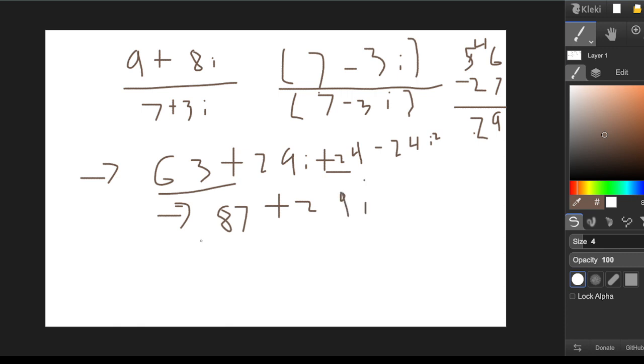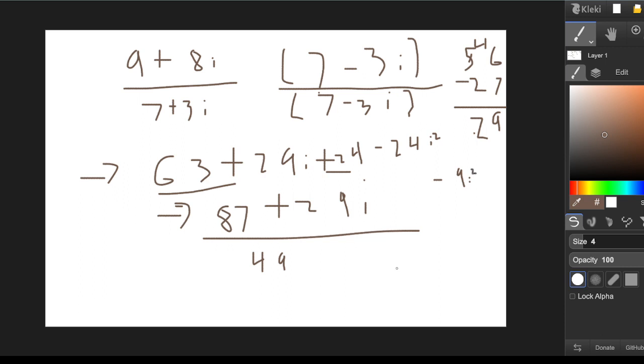And then on the bottom, multiplying these together, 7 times 7, that's 49. And then minus, basically, minus b squared. So it'll be minus 9i squared.